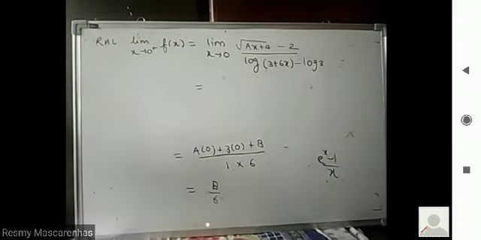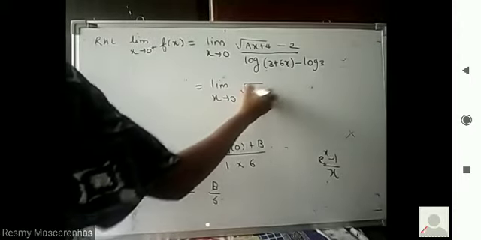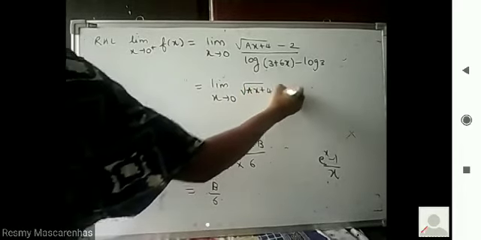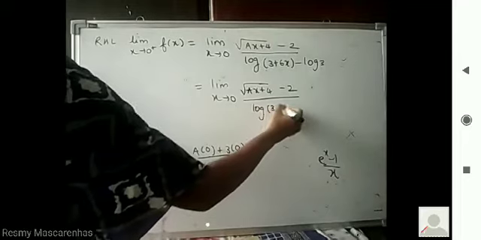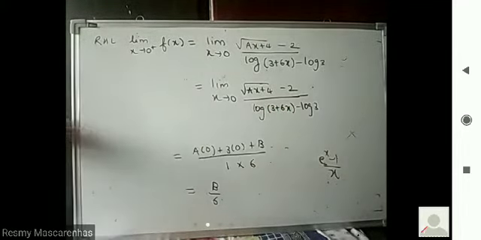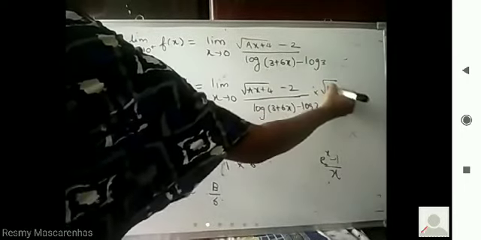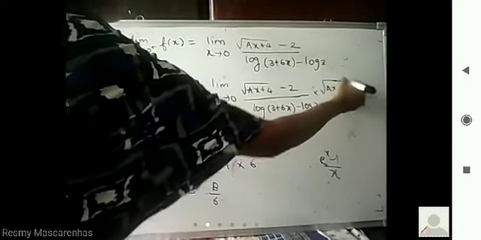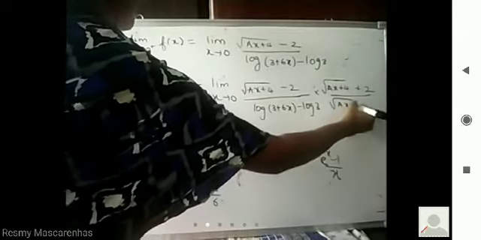Okay, so this will be now rationalized. Limit x tending to 0, multiply numerator and denominator like this. This is called rationalization.